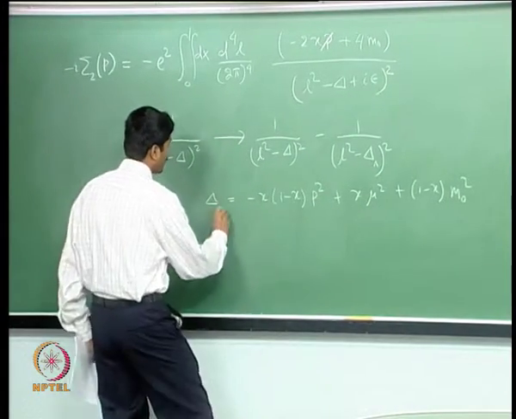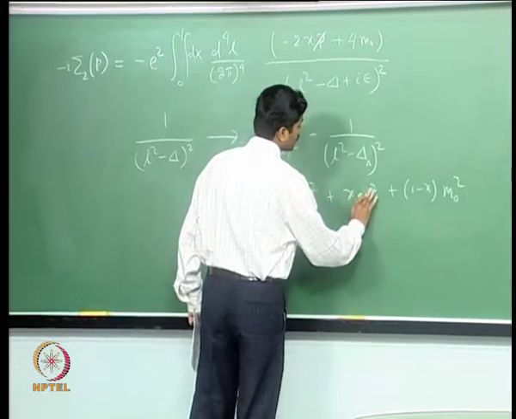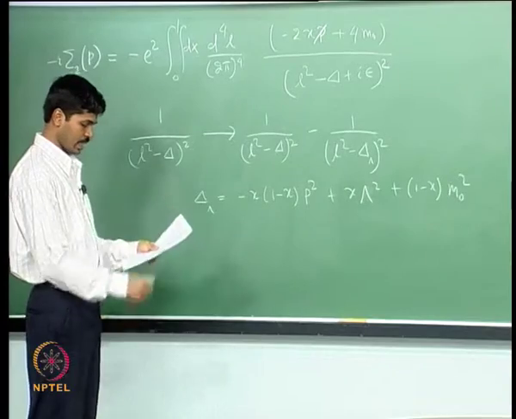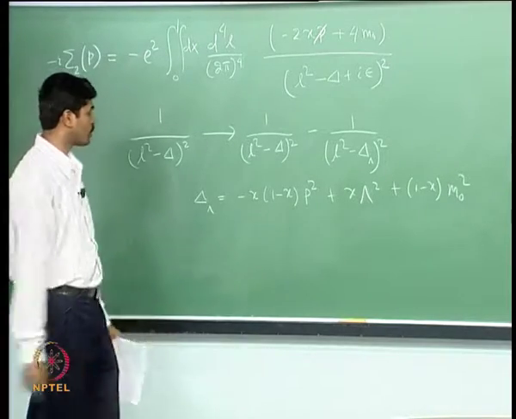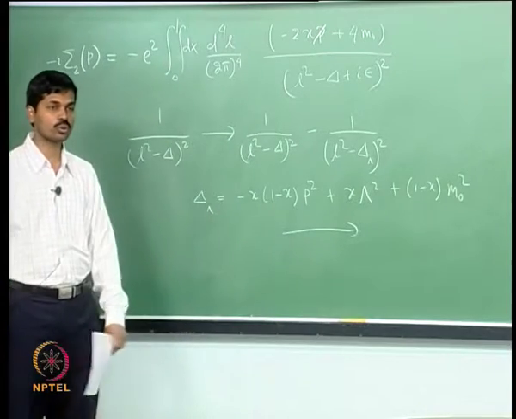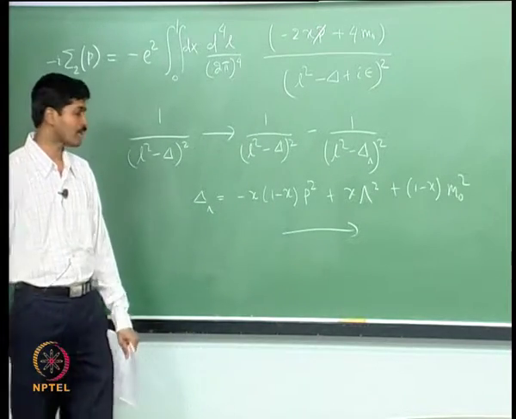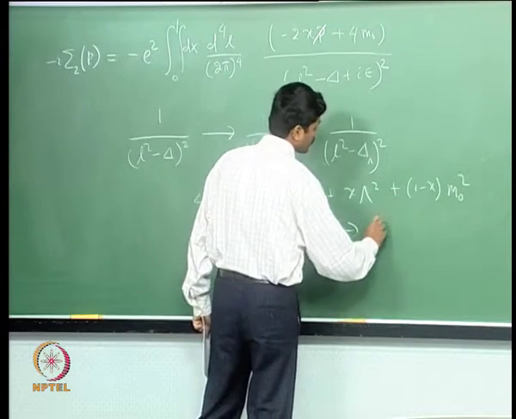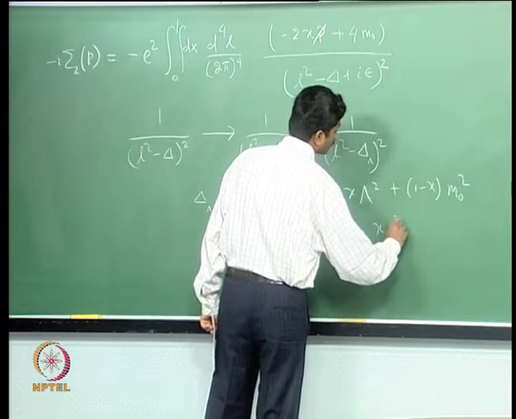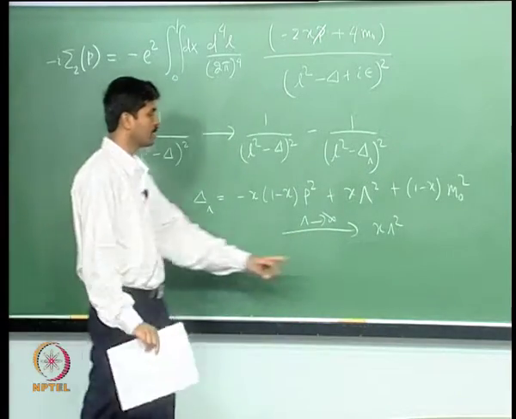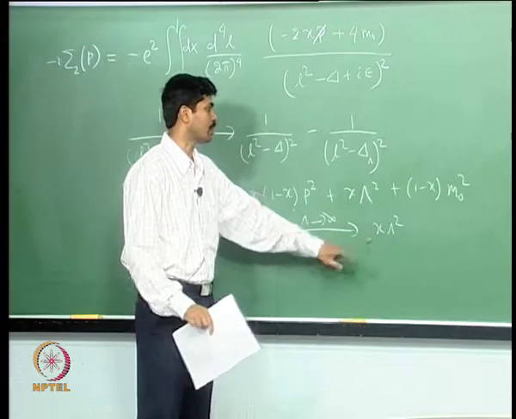So, delta lambda is merely given by this, where this mu square is substituted by lambda square, and ultimately we will be interested in the limit lambda goes to infinity. Therefore, in the lambda goes to infinity limit, this is merely given by x lambda square. So, in place of delta lambda, we will simply use x lambda square.